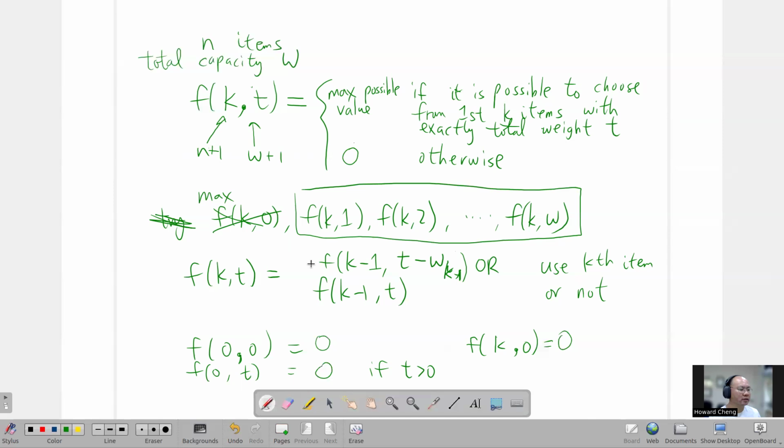All right. So how do we do this? Again, it's two choices. Either we use the kth item or we don't. If we don't, then we basically just throw away that kth item and we ask again recursively, solve for k minus 1 items with the same total, and the best cost is whatever it gives me recursively.